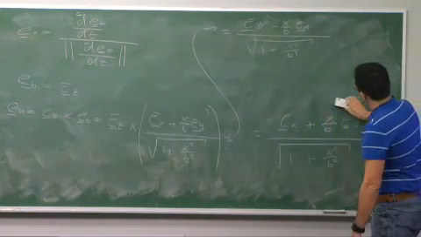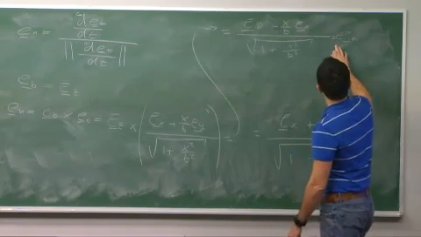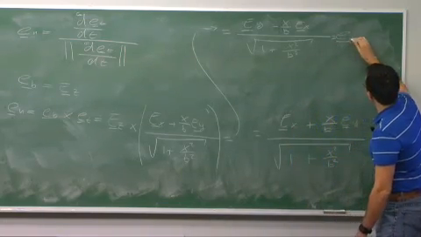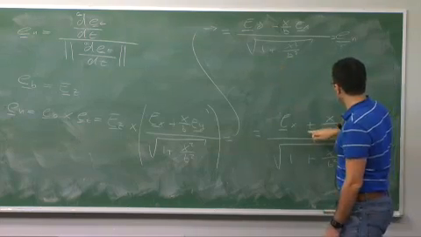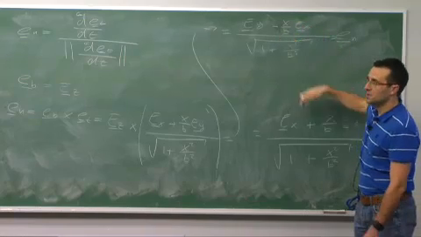Does it make sense? This is EN. This is a vector that is supposed to be in the same plane of ET, perpendicular to ET. Does it look familiar? You've probably seen this before.